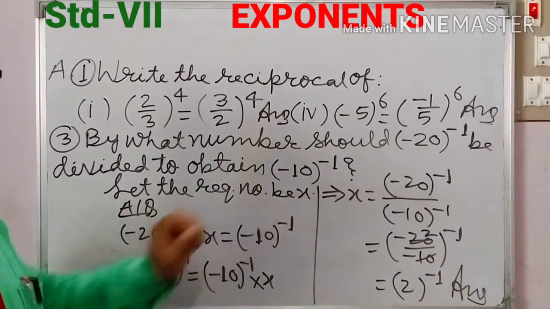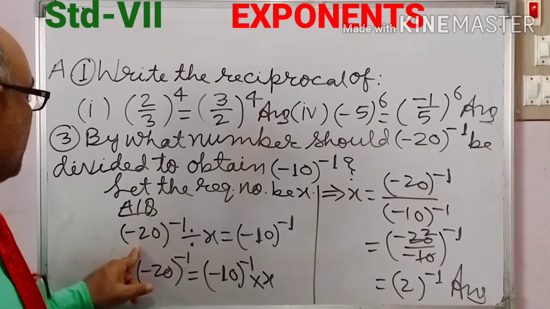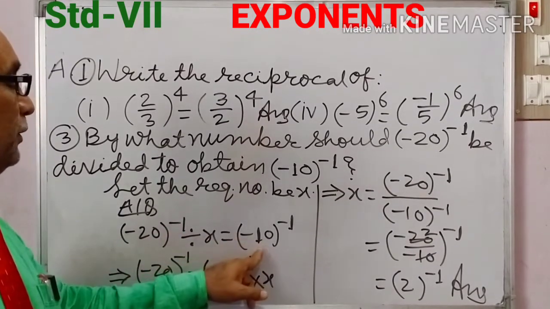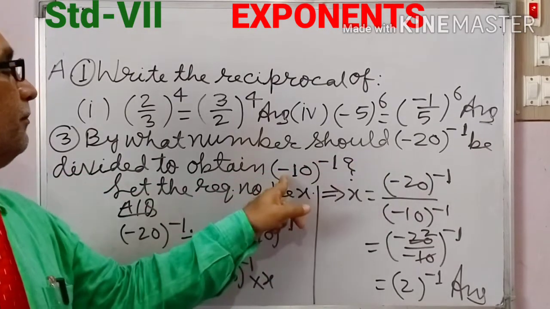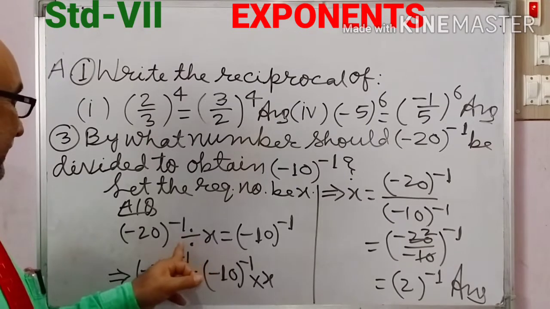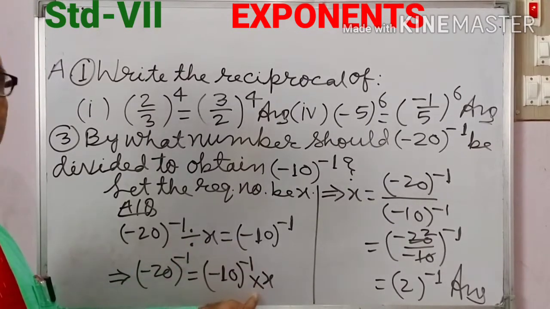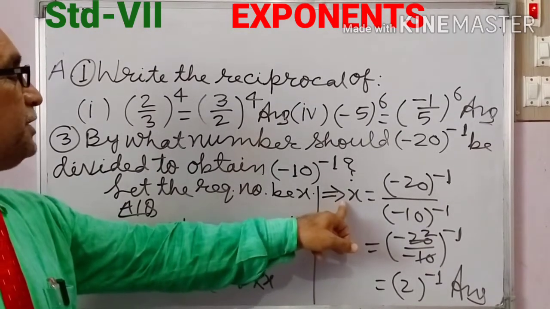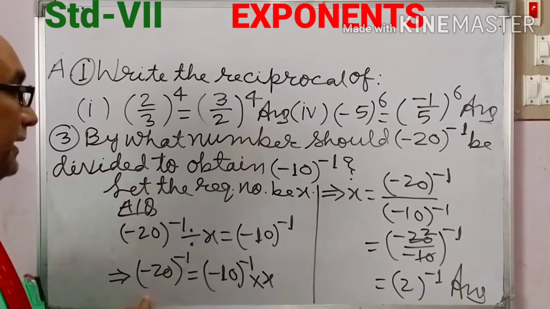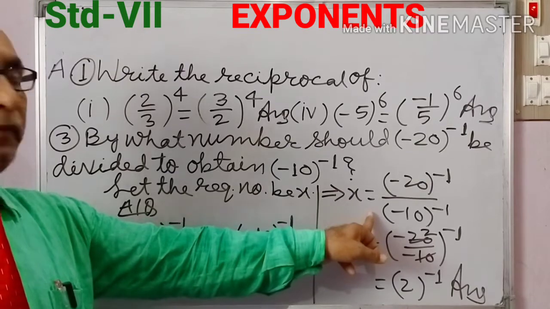Let the required number be x. (-20)^-1 divided by x equal to (-10)^-1. By transposition, divide x changes into multiply x. That implies x equals (-20)^-1 divided by (-10)^-1.